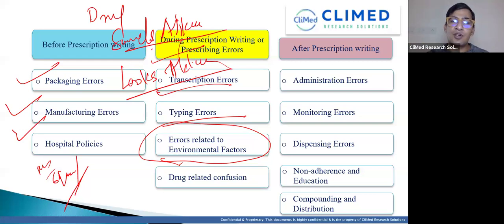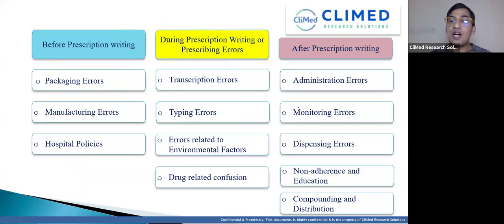Take my mom: she recognizes tablets by color. Yellow tablet in the morning, red tablet in the evening, white tablet in the afternoon. So look-alike and sound-alike drugs are the major reasons for drug related confusions.